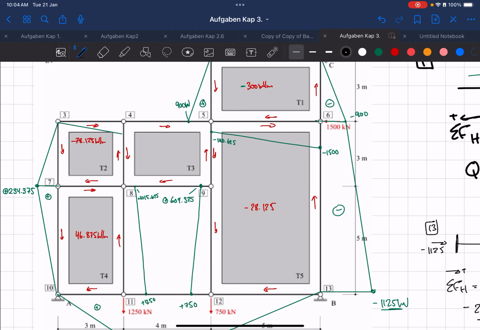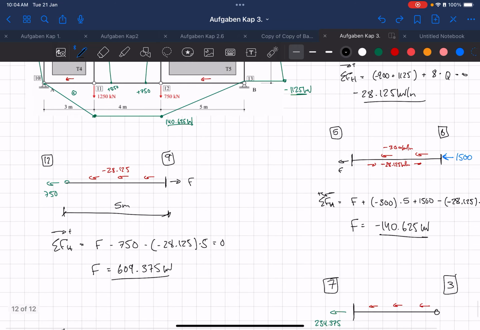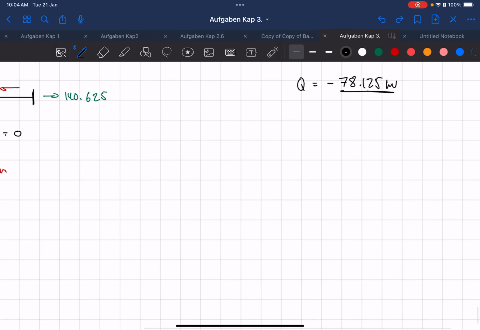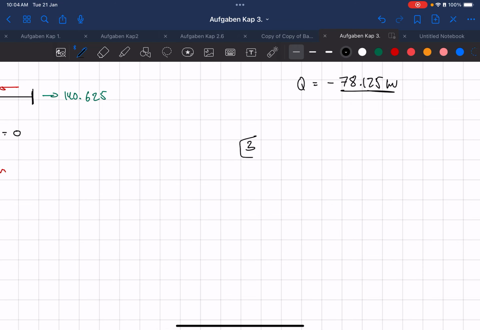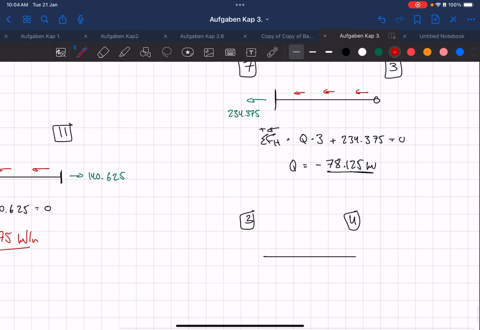I'm gonna double check what I get between 3 and 4. So my thing goes in this direction.